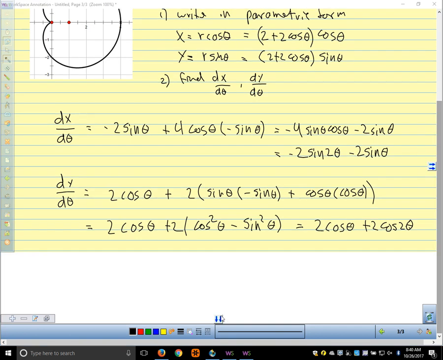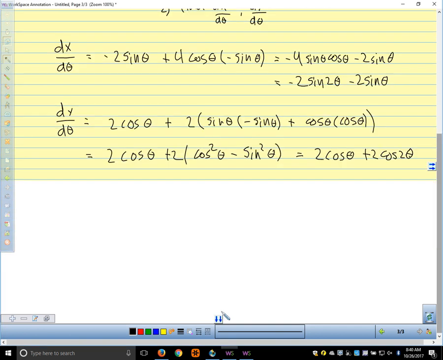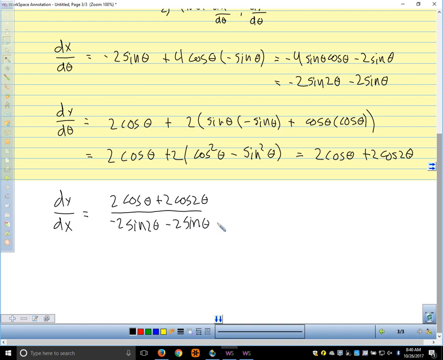All right. So now we can calculate our slope. dy dx is dy d theta over dx d theta. So 2 cosine theta plus 2 cosine 2 theta over negative 2 sine 2 theta minus 2 sine theta.